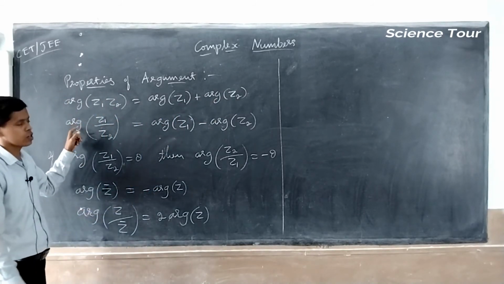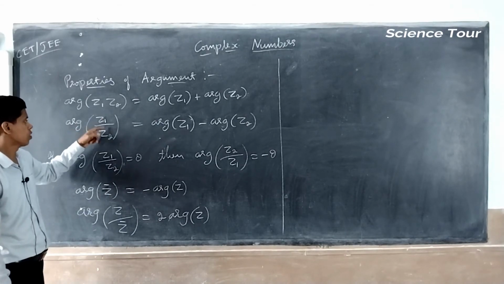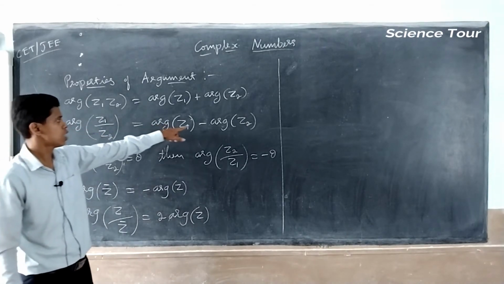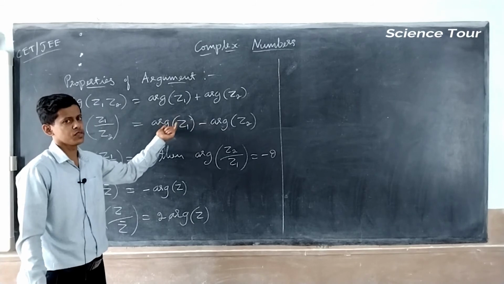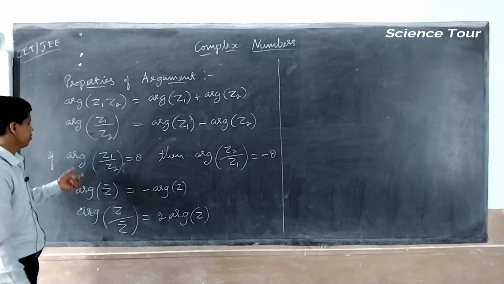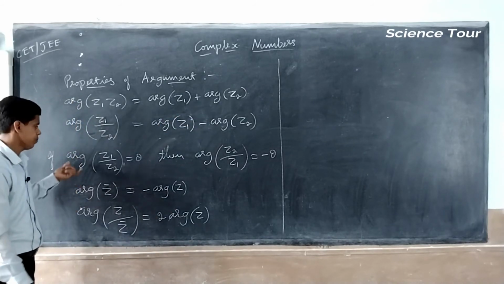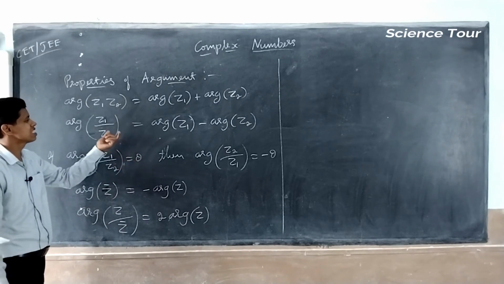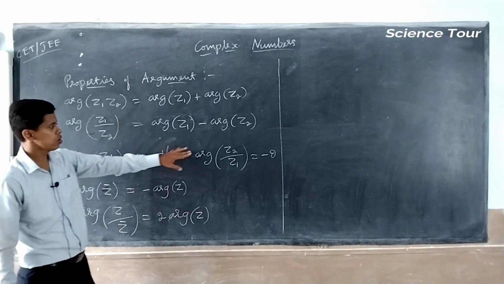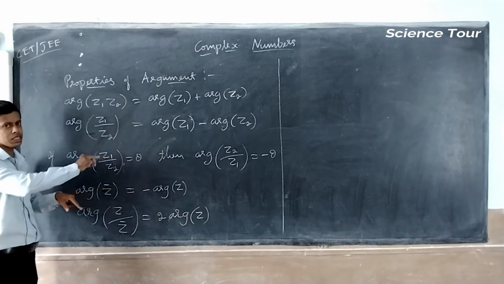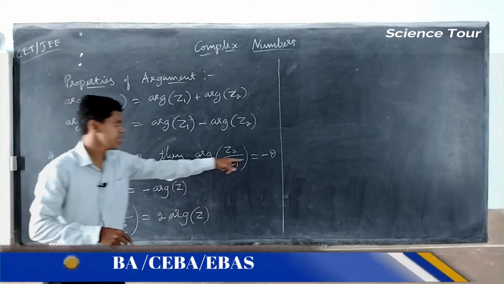And if you want to find the argument of z1 by z2, you just have to subtract the arguments of z1 and z2. If the argument of z1 by z2 is theta, then what will be the argument of z2 by z1? If you reverse it, it will be negative.